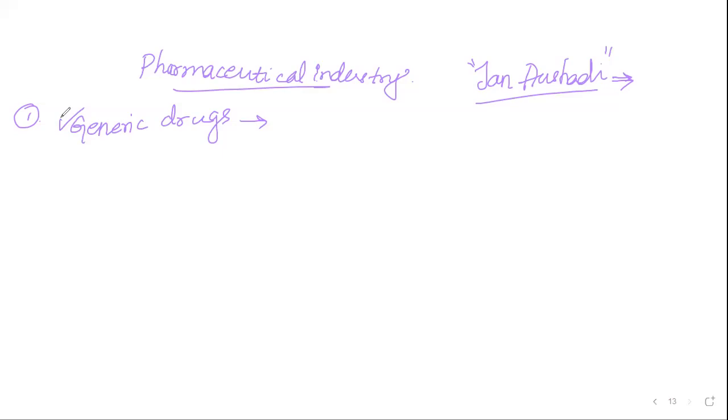The next important advantage is the organized nature of the industry. It is the most organized nature of the industry that accounts for the success of this particular industry. Currently, India's largest selling drug product is antibiotics.